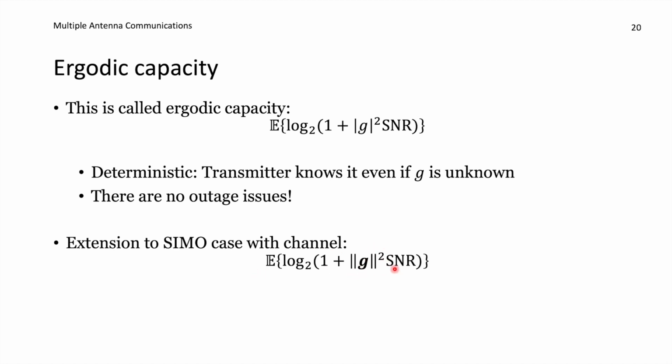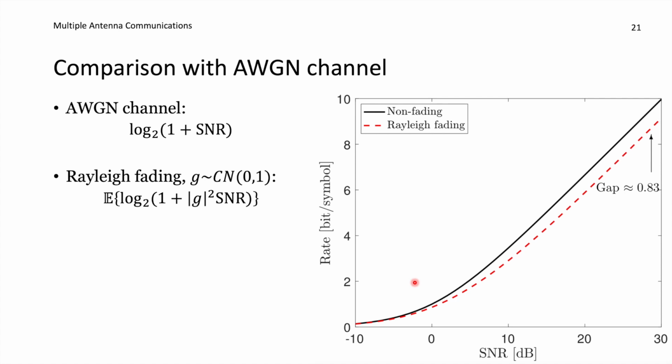Let us now compare the ergodic capacity for a Rayleigh fading channel with just one antenna. So we have that G is complex Gaussian distributed with variance 1. And this is the expression that we have in the non-fading case with an additive white Gaussian noise channel. So on the average, we have the same here, the SNR, the average of this expression is also equal to the SNR. But since the averaging, the expected value here is in front of the logarithm, these two expressions are generally different.